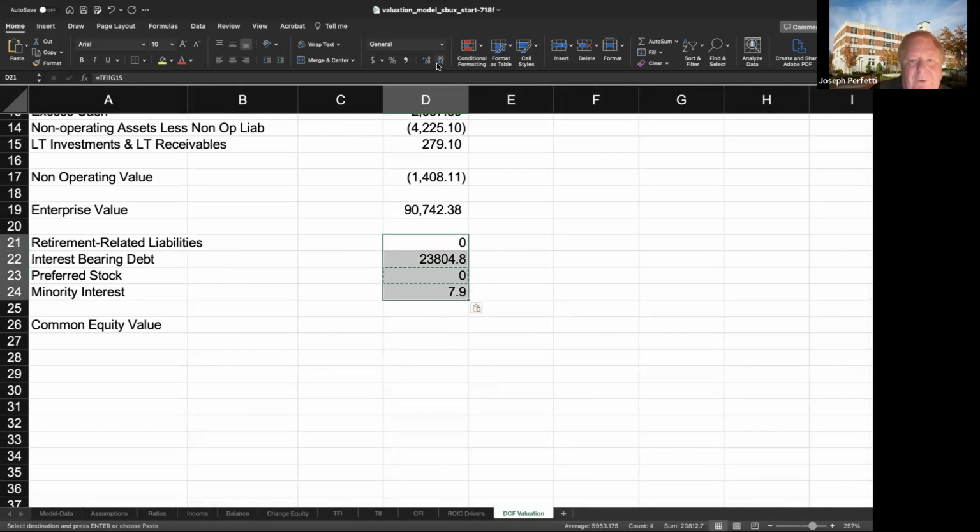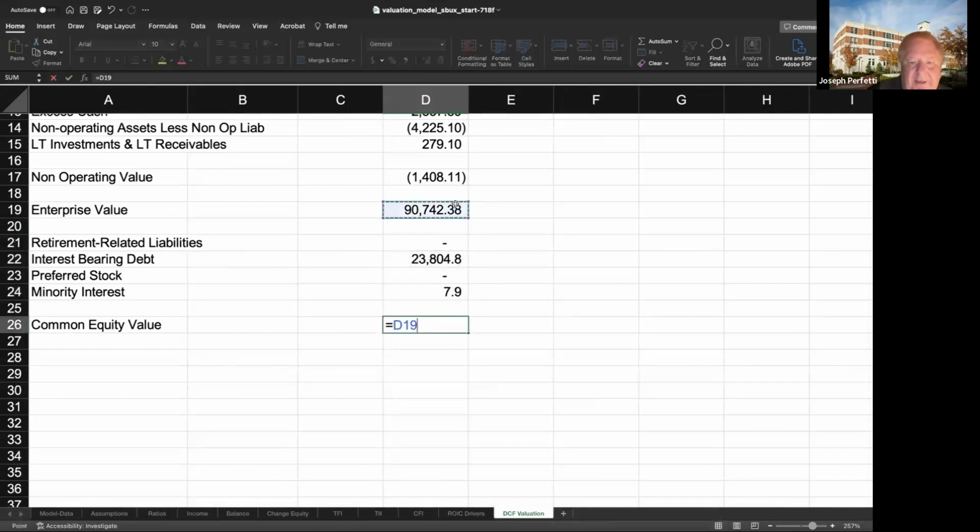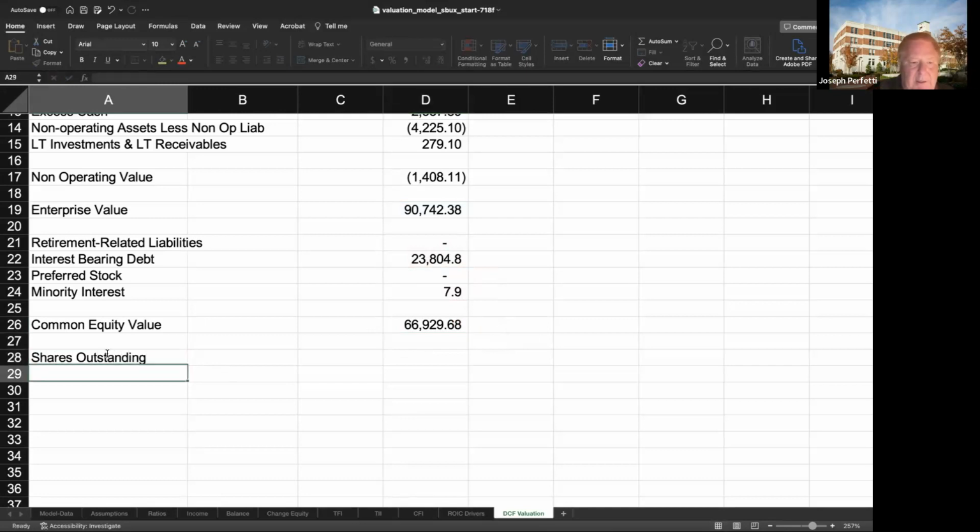If we pay off all four of those stakeholders, equals enterprise value minus the sum of those four things, that gets us a common equity value. If we divide that number by share count, we get share price. So our final number here is shares outstanding. Common equity value divided by shares outstanding is share price.